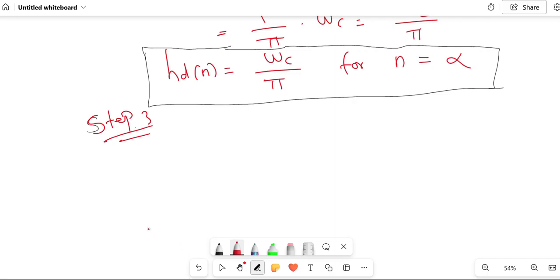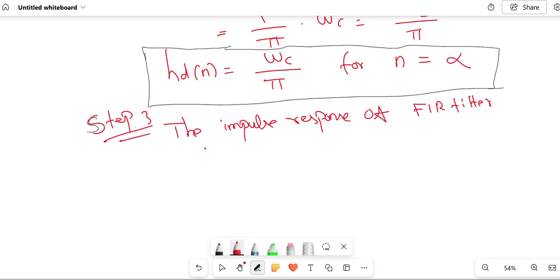So now step 3 is the impulse response of the FIR filter. The impulse response coefficients of the FIR filter is obtained. How do you obtain?